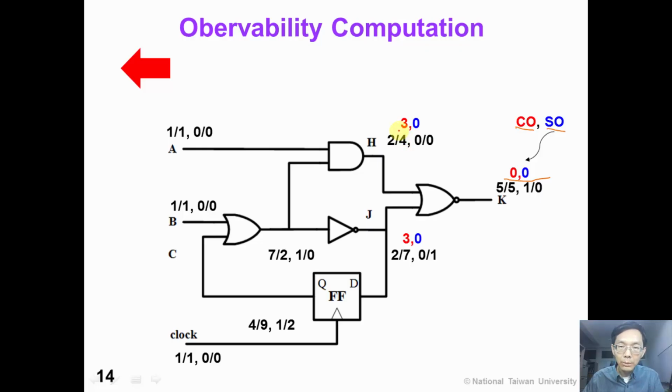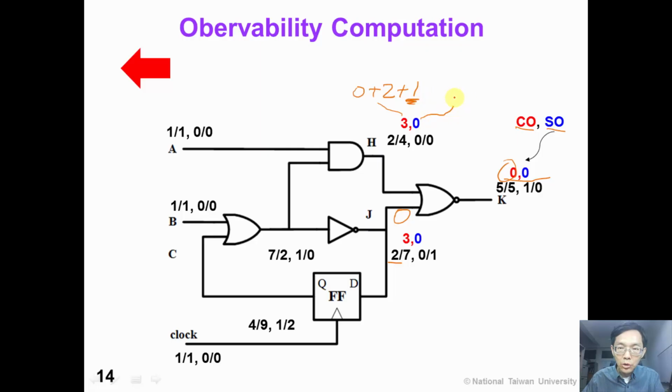The combinational observability of H is equal to 3, which is the combinational observability of K plus the combinational controllability of the side input to be 0. So 0 plus 2 plus 1, which is the NOR gate itself.